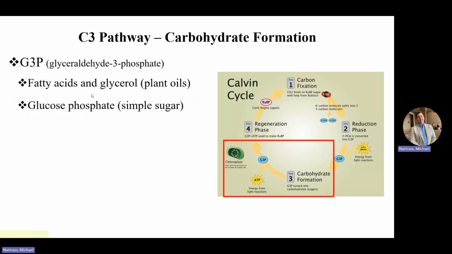We do not consume that much corn. Just think about it. How much corn do you actually eat? Not a whole lot. But some of the products that you do eat are made from corn because they contain these carbohydrates. So we have fatty acids and glycerols. We have a simple sugar as glucose.